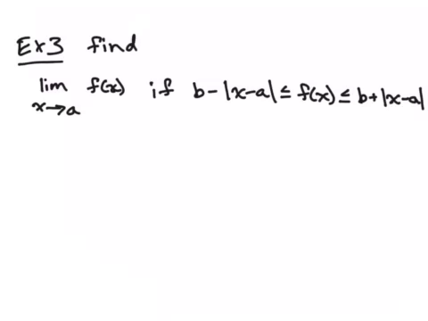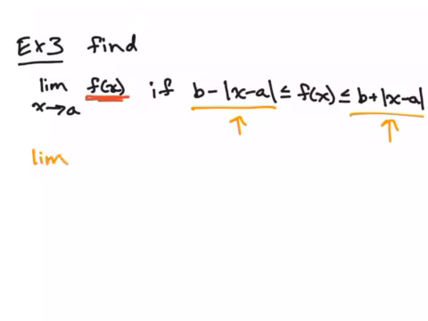So if I want to find the limit of a function I don't know, but that function is in between these other two, then I take the limit of the lower one and the upper one, and if they match, that's the limit of my function.